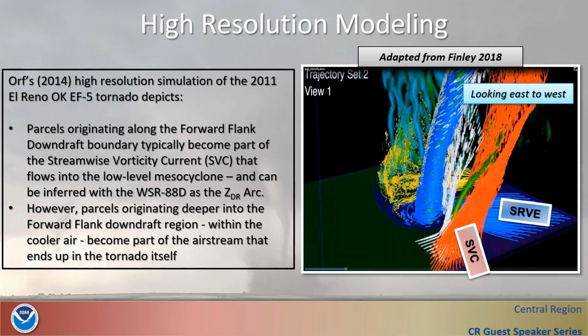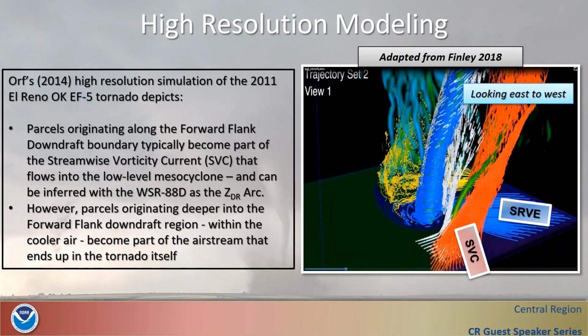These aren't part of their research, but the SVC is shown there by the red trajectories, those originating along the forward flank downdraft boundary. But those in blue are the ones originating from deeper within the forward flank that seem to line up with what we're identifying as the survey airstream.